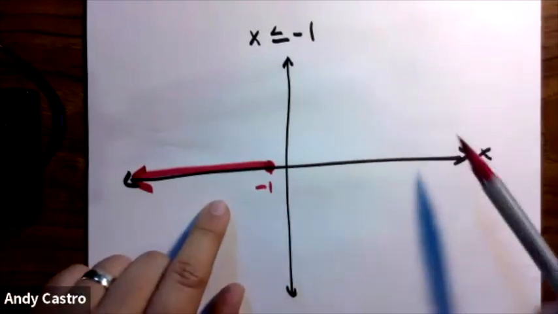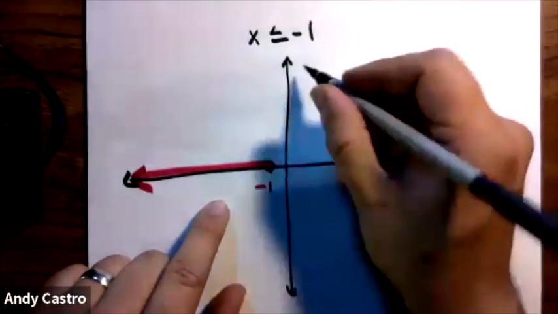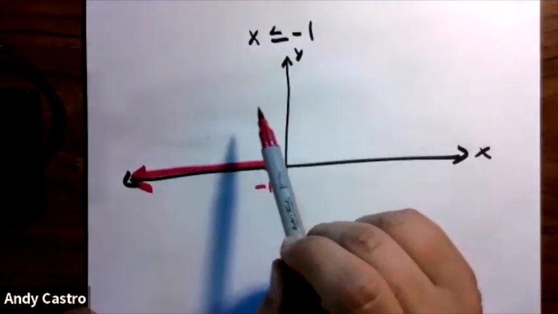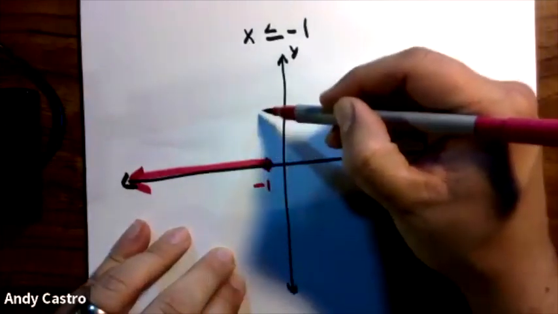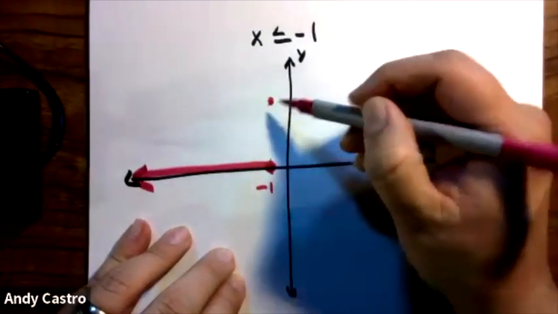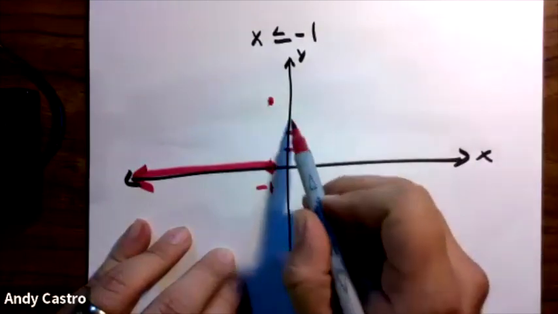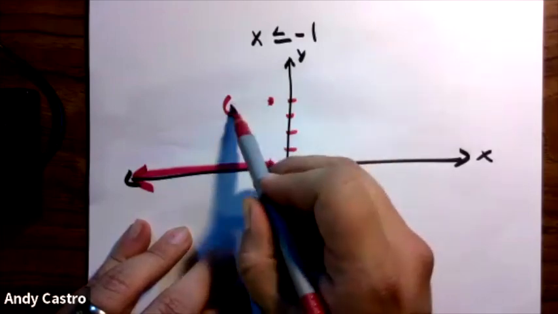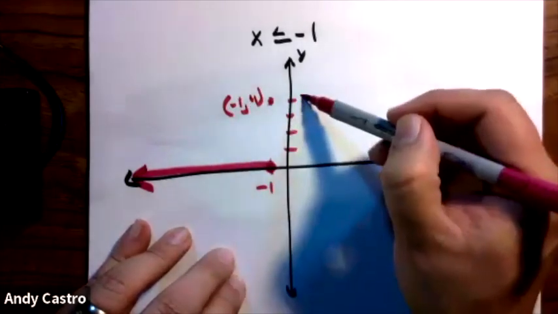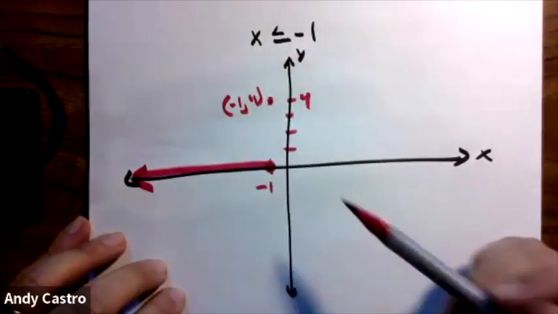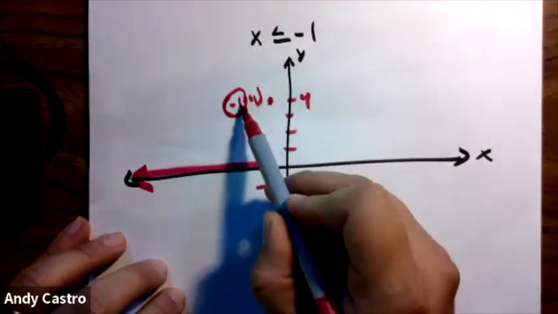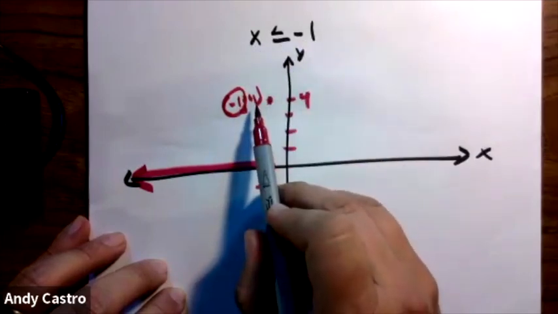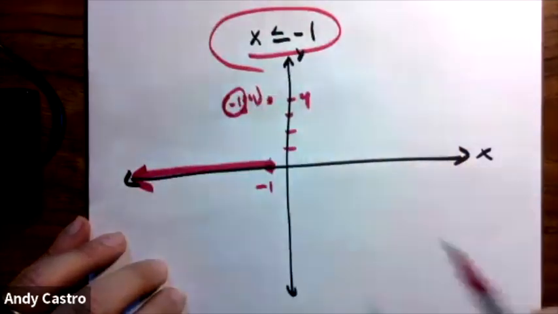But what do we do once we include a y-axis, right? Notice that if I take some number, let's say this point up here that has x of -1. Let's say this is 0, 1, 2, 3, 4. So this point right here is -1, 4. Is this included? Well, let's look. The x value is less than or equal to -1, but the y value is 4. But notice how the equation doesn't care about the y value.